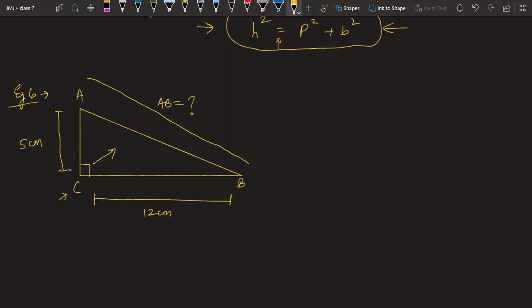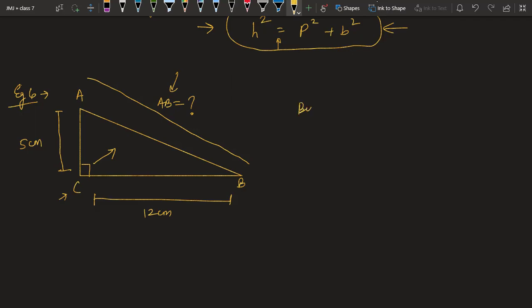Again, try to remember, in the last exercise we were not able to find this length exactly. We were finding its range, but now we will see that we can find AB exactly. How? By the help of Pythagoras theorem.